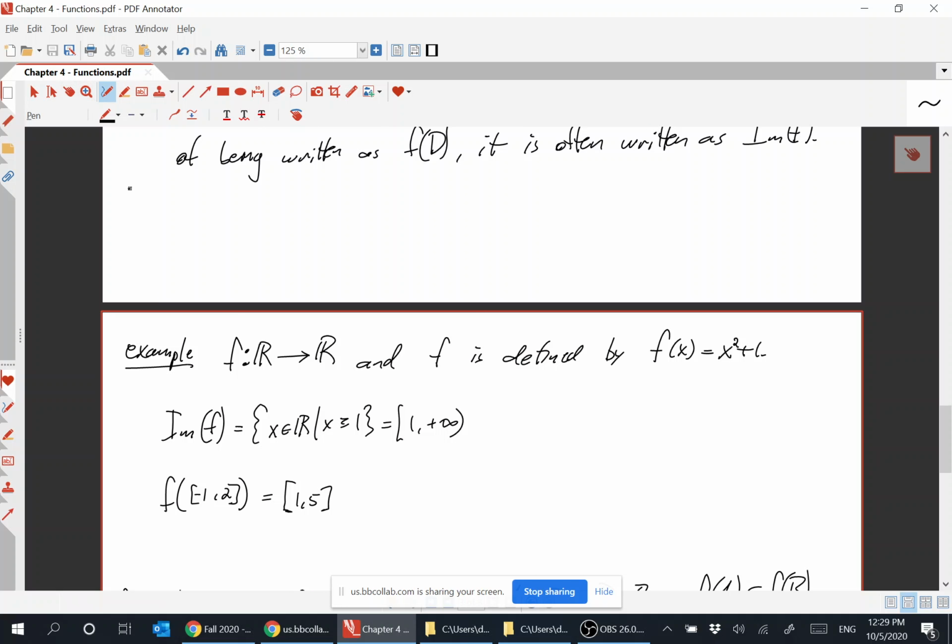So another example here: if f from R to R is a function defined arithmetically by f of x is x squared plus 1, then the image of f is the interval from 1 to plus infinity. And the image of the closed interval from negative 1 to 2 is the interval from 1 to 5.